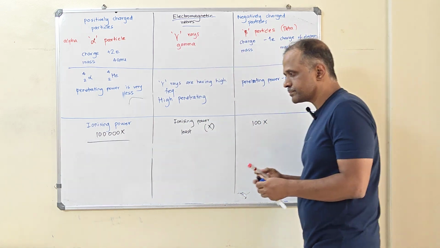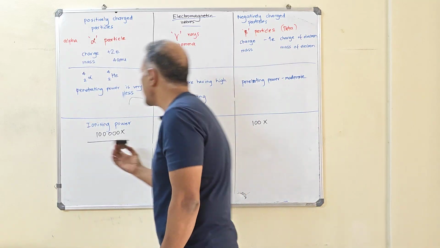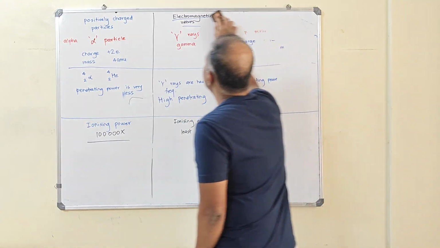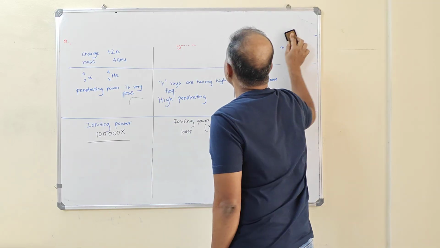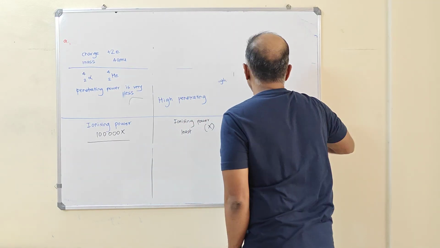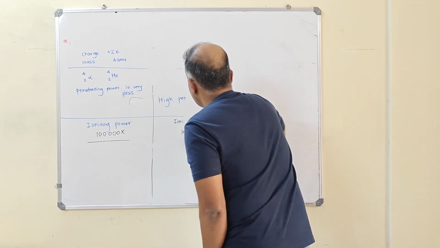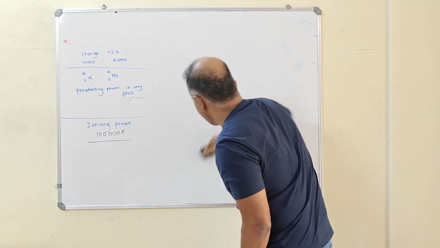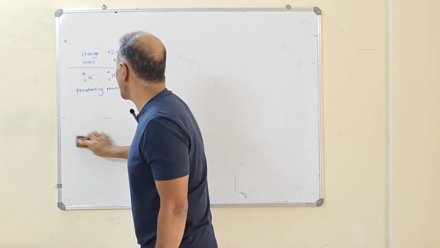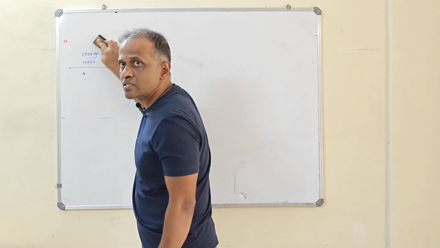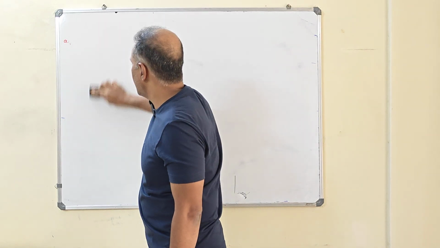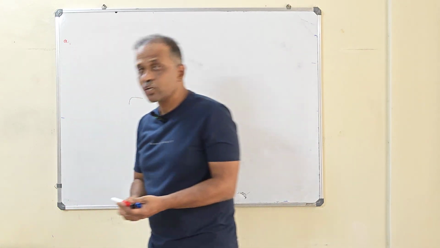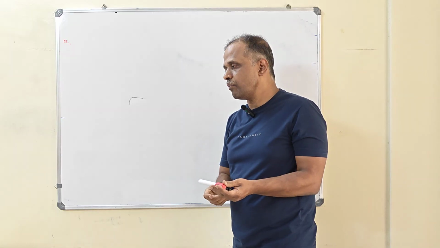Okay, and there are a few things before I sign off. First, the radioactive radiations consist of two particles, alpha and beta, and one electromagnetic ray, which is gamma.